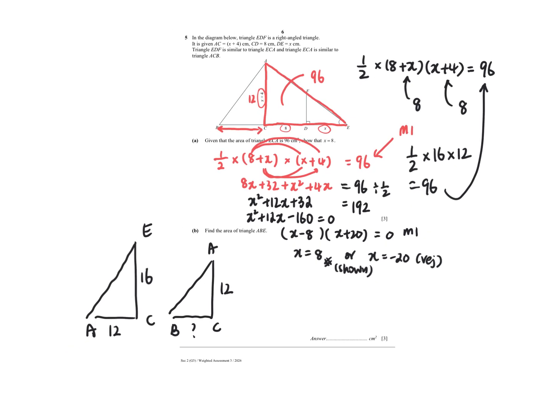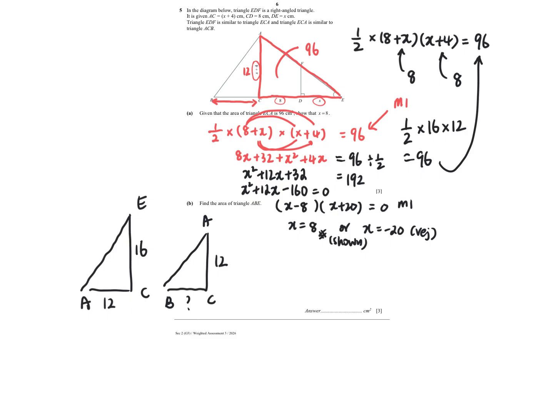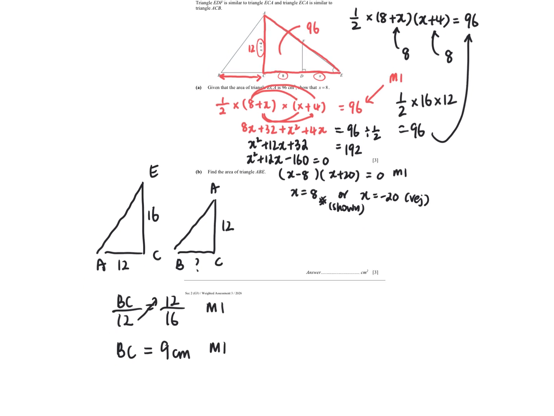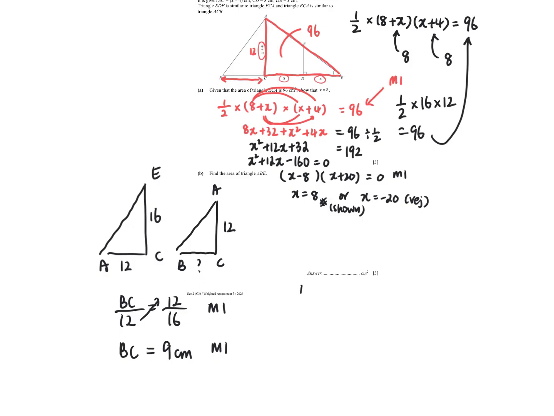So if you show me the ratio, that means you show me that BC over 12 is 12 over 16. Then you get first method mark. Second mark is where you get your BC, which is 9 cm. Okay, this is the second mark. Last mark is telling me the whole answer. Half. This is your big triangle.